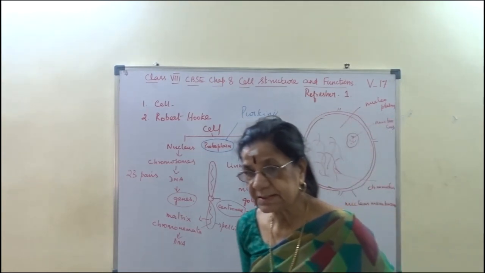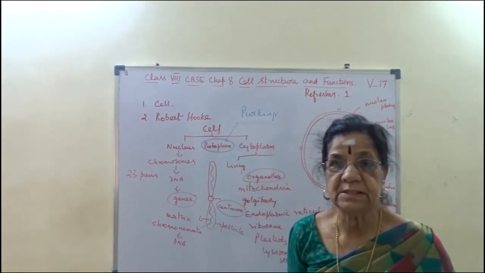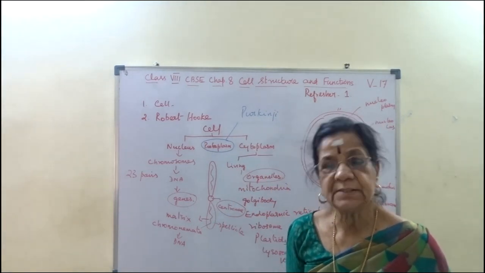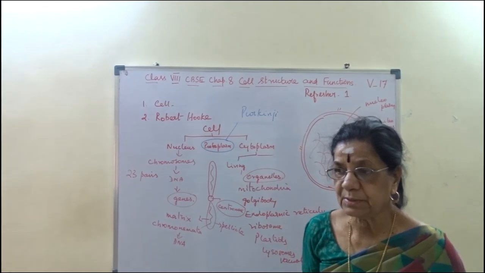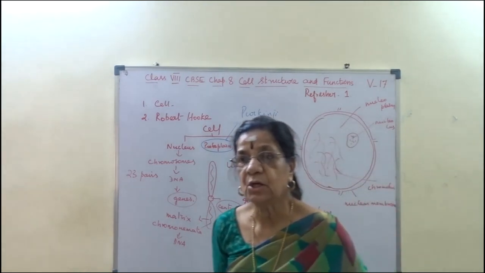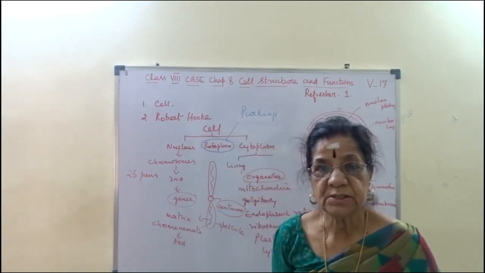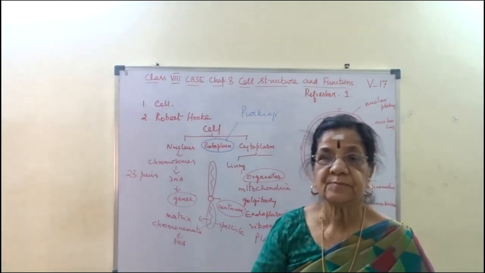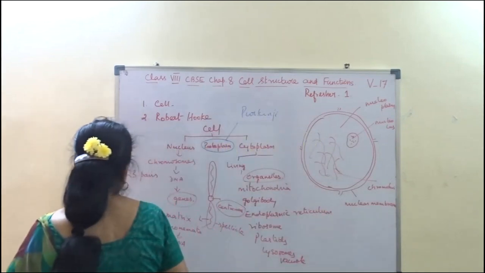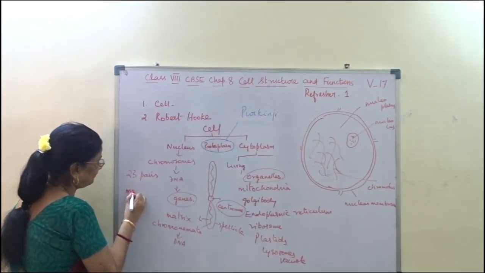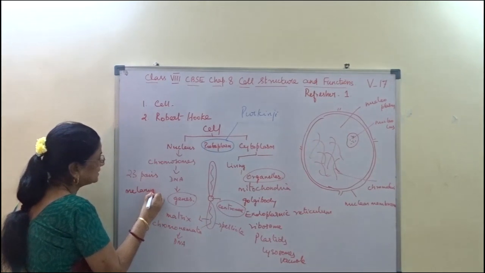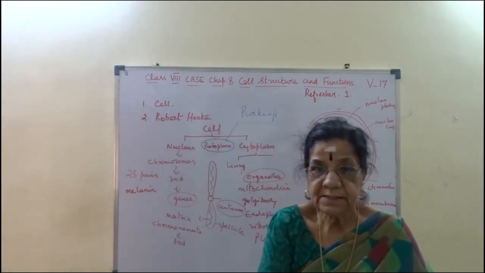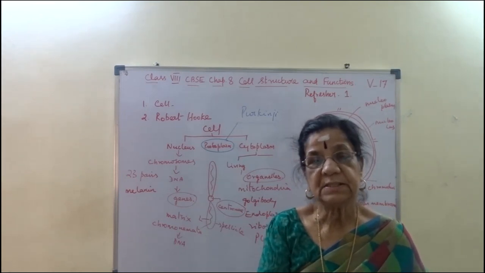A single gene may be responsible for producing different characters, or many genes may be responsible for producing a particular character. For example, skin color has the pigment called melanin, which determines the color of the skin.